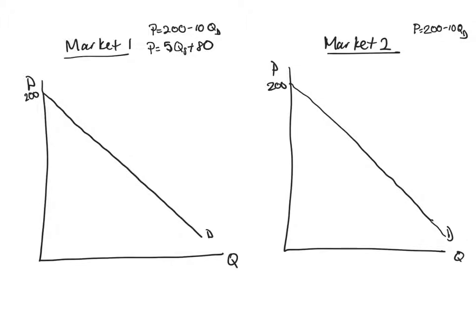In Market 1, the supply curve is P equals 5 Q sub S plus 80.